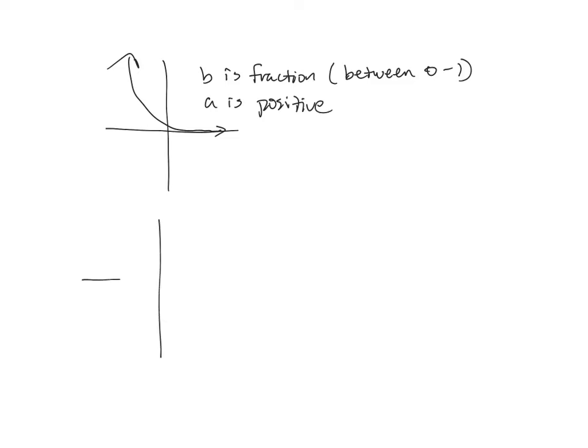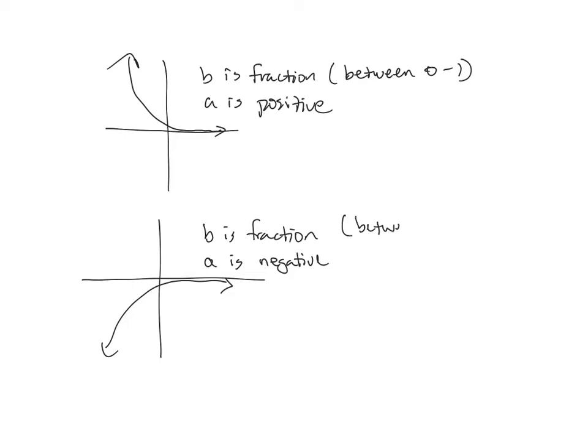And then we could have kind of the opposite of that, where it starts flat and it goes down. So again, b is a fraction, and a is negative. Again, it's between 0 and 1, the fraction.